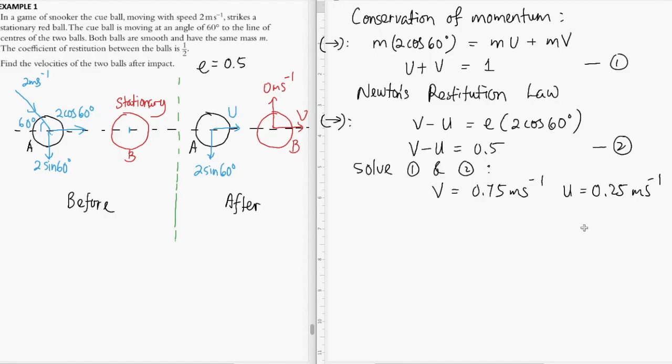There you have it. That's how we obtain the velocities of the two balls after the impact. I need to clarify that v and u are the horizontal components after the collision.